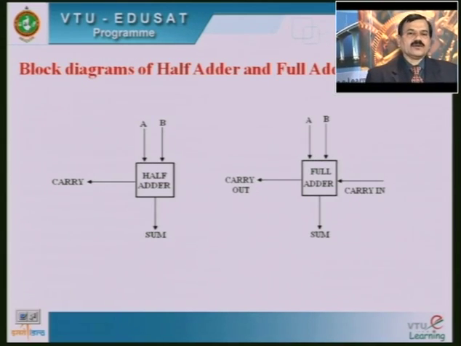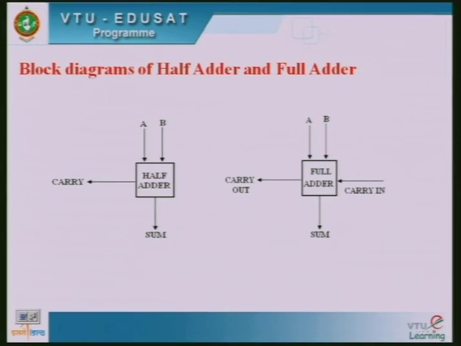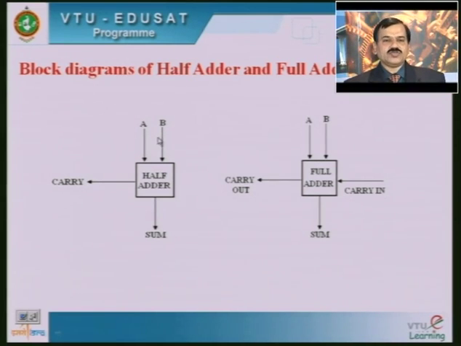Now we are going to see here the 2 block diagrams. One is half adder block diagram, another one is full adder block diagram. In this half adder block diagram, we are going to see the 2 variables A and B. When you add these 2 variable values, like 0 0, it may be 0 1, it may be 1 1, and it may be 1 0.